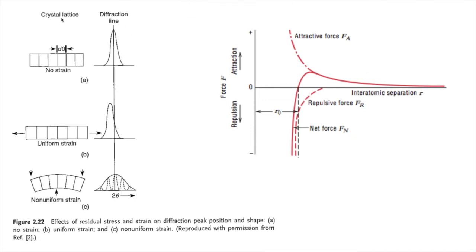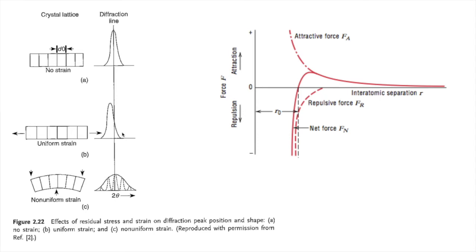Under no strain or stress, the equilibrium spacing between the planes is what they call D naught here. It's at the position we expect under Bragg's law, and that means the peak is centered at that position. If we have uniform strain, then the peak is shifted. This one is shifted to a lower 2 theta value. That's what we saw with tension, because that was the result of the D-spacing going up.